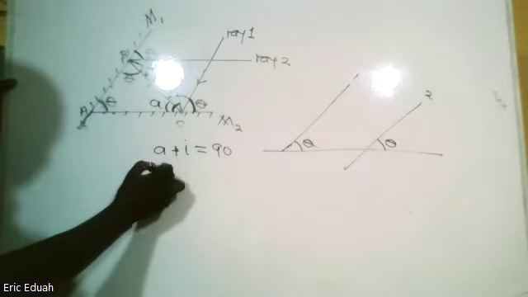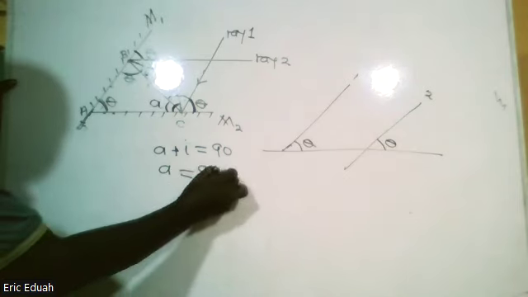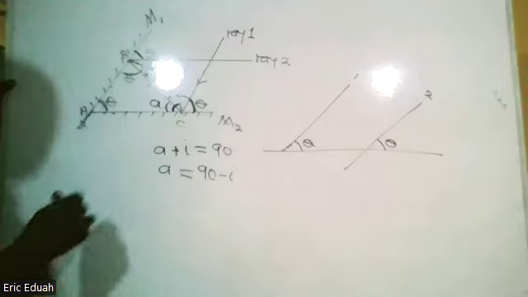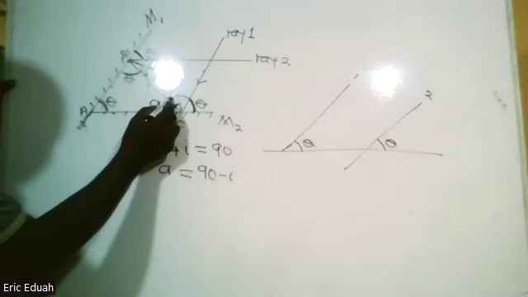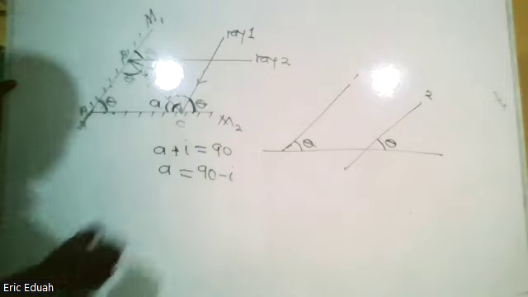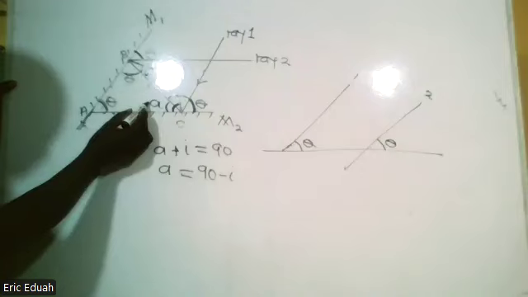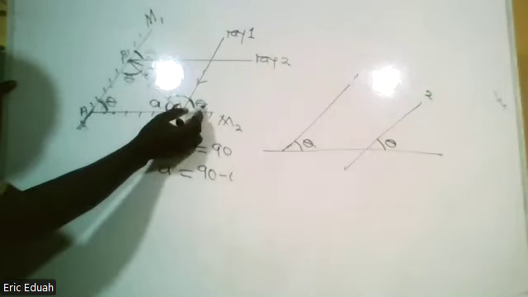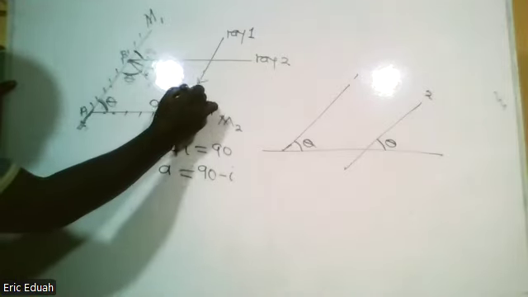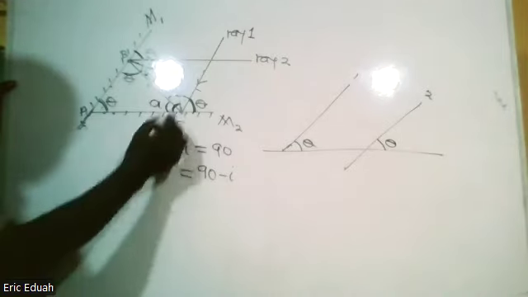Therefore, A, the unknown, will be equal to 90 minus I. Then we can get the same thing at the other end. So this is 90 minus I. This will also be 90 minus I. This part is 90 minus I, this part is 90 minus I, meaning they are equal.